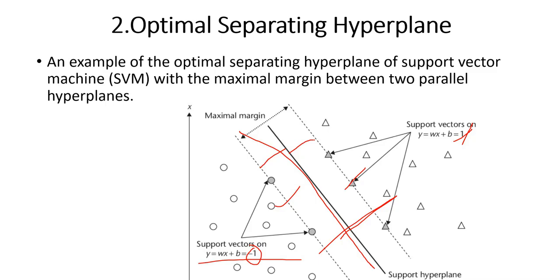So remember the simple sequence: number 1, SVM finds a separating hyperplane; number 2, it maximizes the margin; number 3, identify support vectors; number 4, minimize the weight vector; and last, build a robust classifier.